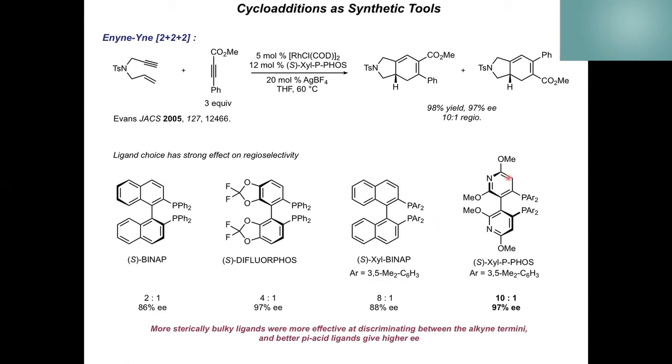And that's what they believe is happening here, that a more polarized transition state, by using this more pi acidic type of ligand, allows them to not only maximize regioselectivity through the incorporation of these bulky aryl groups on the phosphine proximal to the metal center, but also achieve really excellent enantioselectivities through the incorporation of changing this into pyridines on the backbone there too.